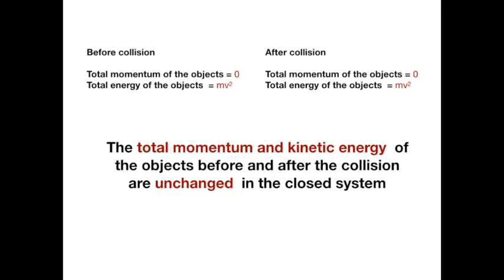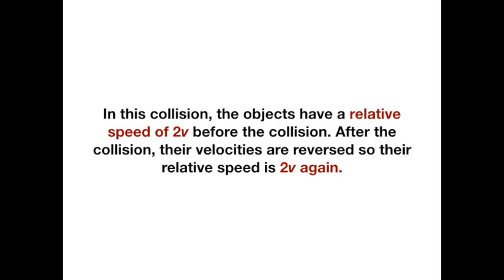Both momentum and kinetic energy before and after the collision are unchanged in a system where no external force acts on them, which is referred to as a closed system. In this collision, the objects have a relative speed of 2v before the collision.